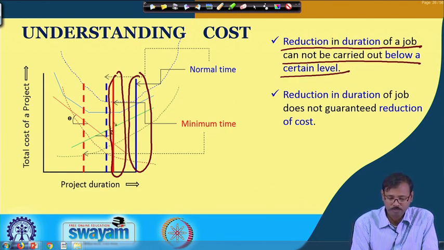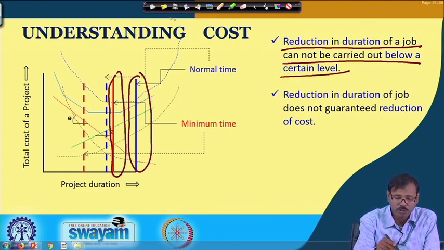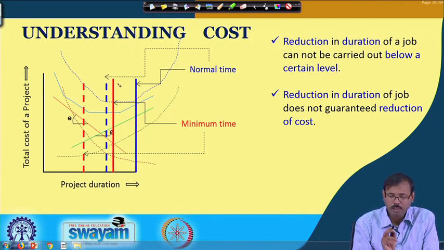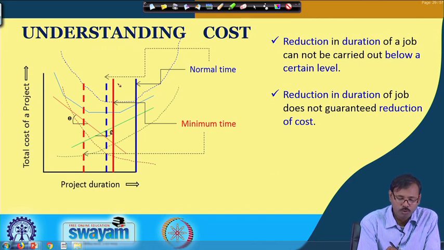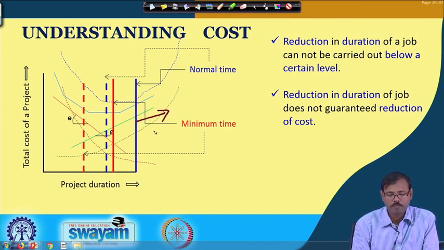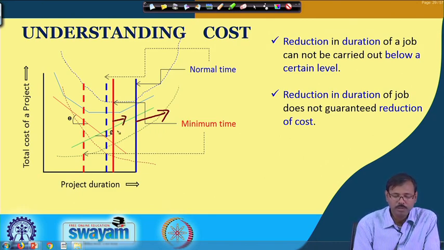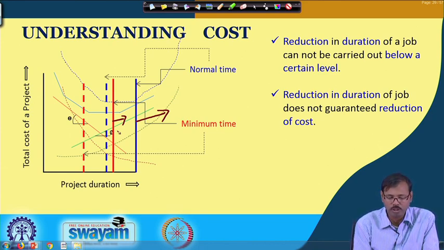This is fixed, and their position is very important. In the first case, we have a normal time of completion here, and this is the minimum time up to which we can reduce, crash or expedite the job.